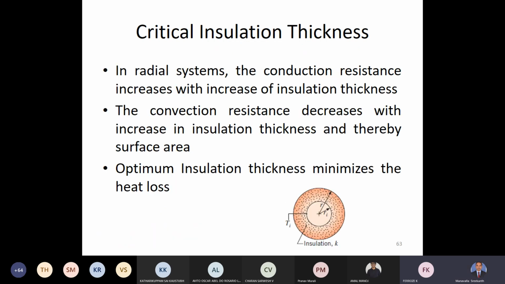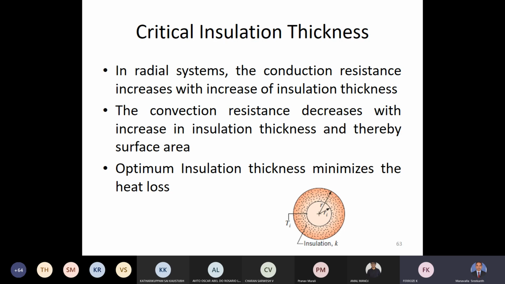Then we have an important and interesting concept called the critical insulation thickness. Many a time we insulate surfaces to minimize the heat transfer. Sometimes we insulate surfaces for the sake of safety, either to avoid a burn or to avoid some shock.